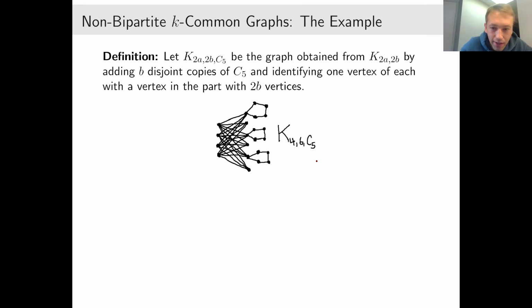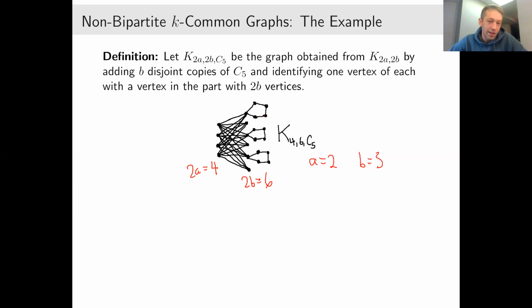So for example, this is the case where a is 2 and b is 3. So you have 4 vertices, 2a equals 4, on one side, 2b, 6 vertices on the other side. And then on half of the vertices on the right-hand side, you glue a 5-cycle.